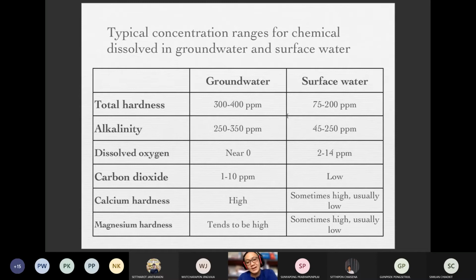Dissolved oxygen in groundwater is nearly zero because groundwater is not exposed to the oxygen in the atmosphere.